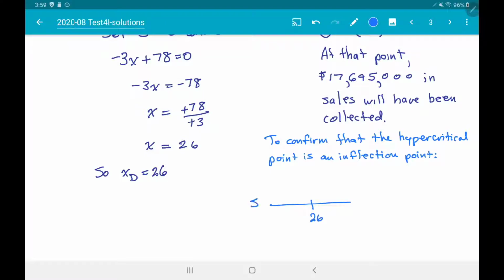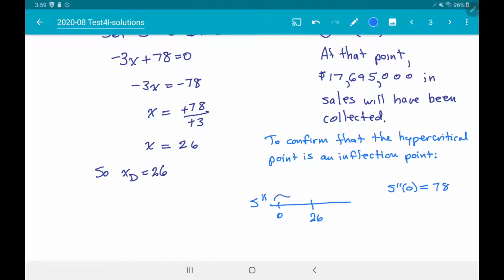Since we're checking concavity, we'll plug the test numbers into S double prime. I'm not going to write it out as a table, I'll just write it out as equations. So let's test 0. S double prime of 0 is 78.